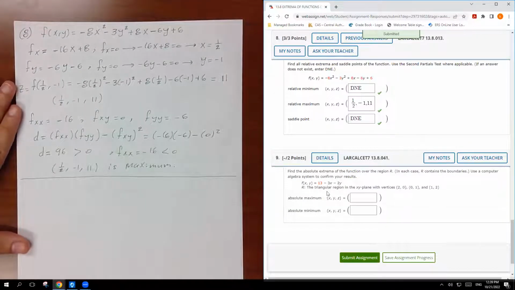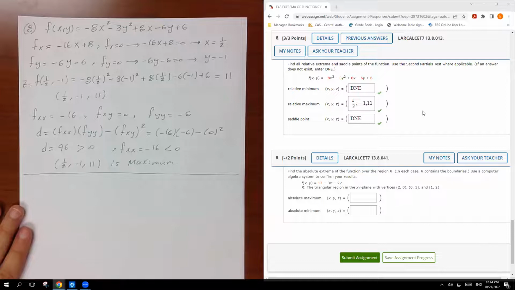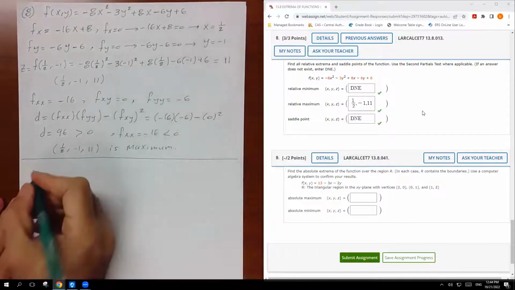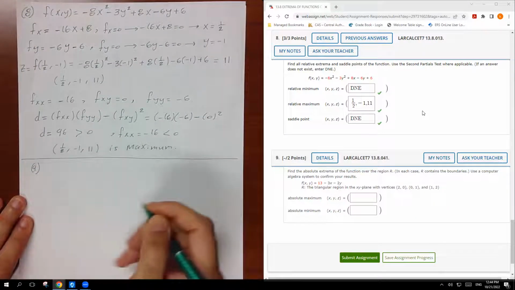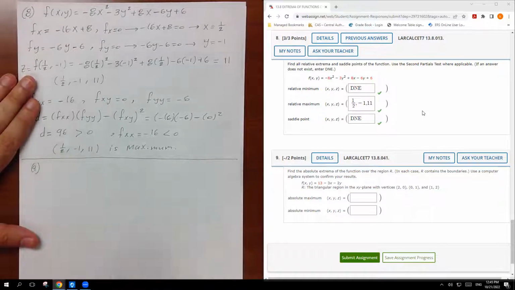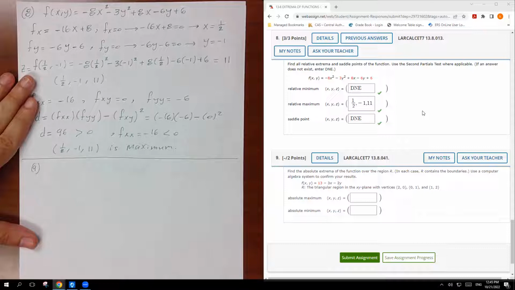Here we go. Last example. For example 9, let's check. Find the absolute extrema of the function over the region.